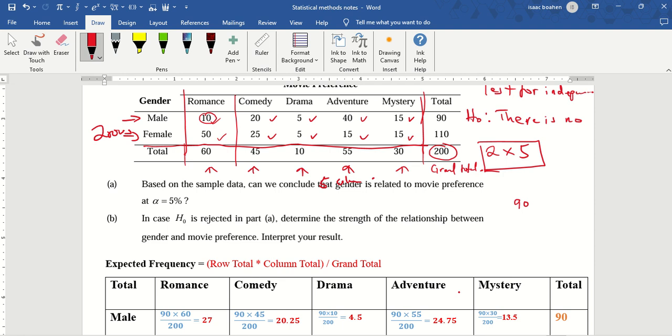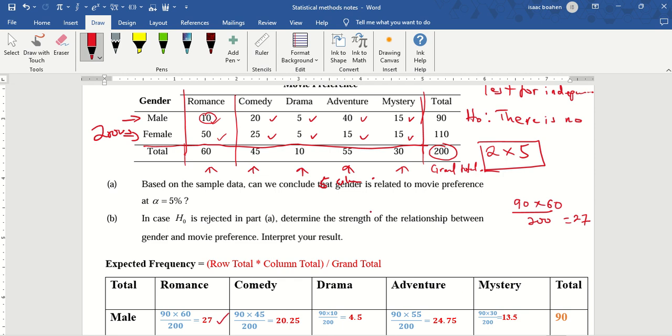What is the column total? It is 60. Divided by the grand total, which is 200. So the final answer is going to be 27. And that is what we have here.